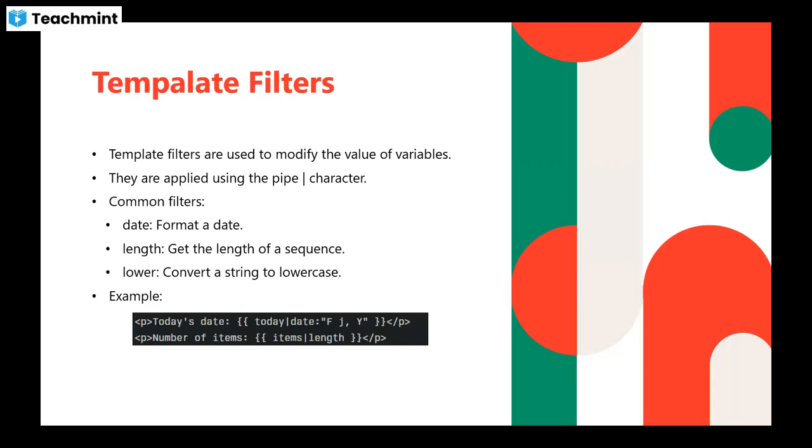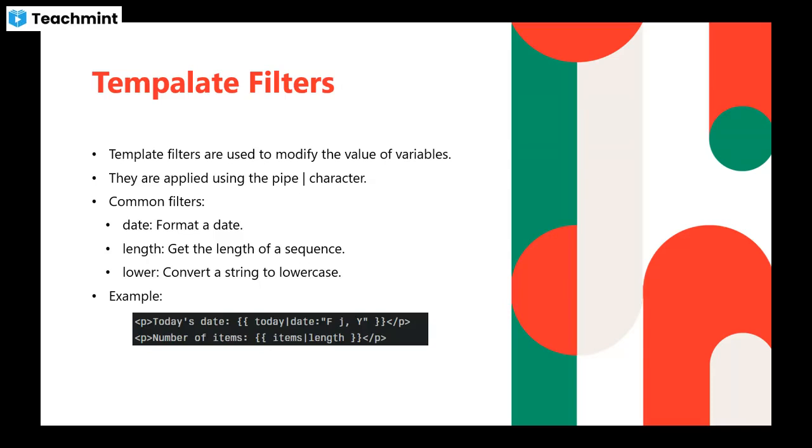And then the number of items: consider these items a list of items. To get the length of the list, I have used the pipe symbol and then mentioned length, so that I get the length of these items.